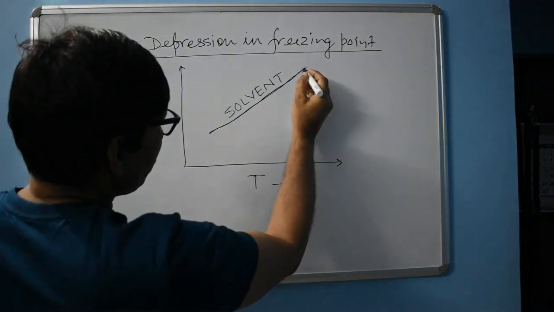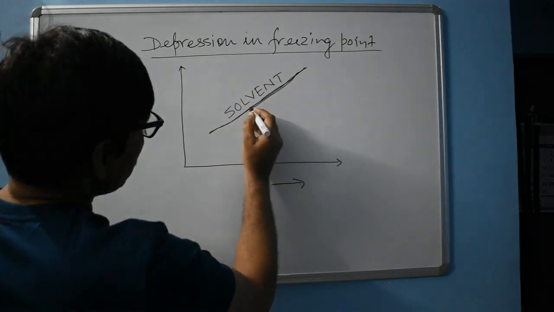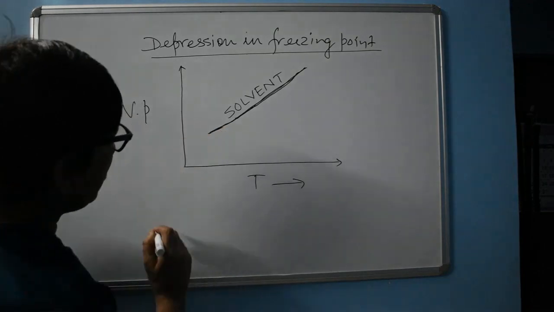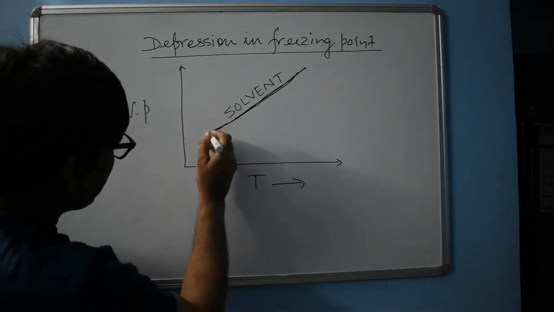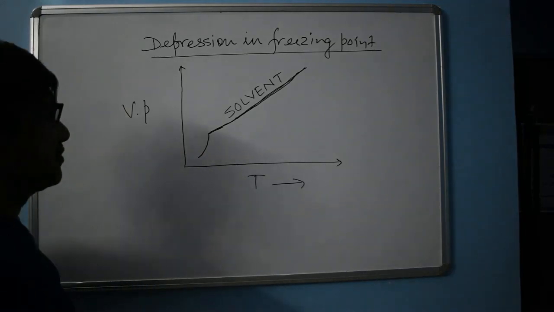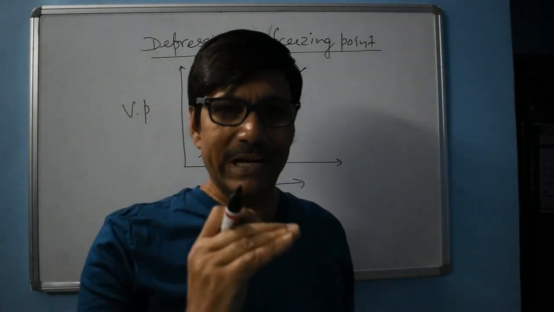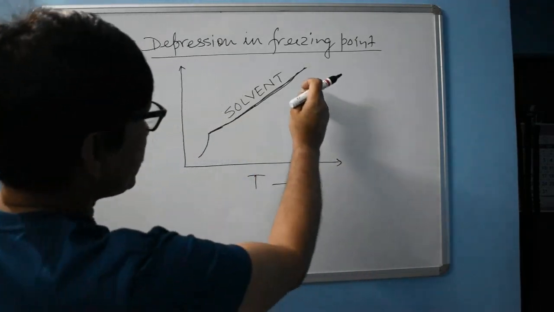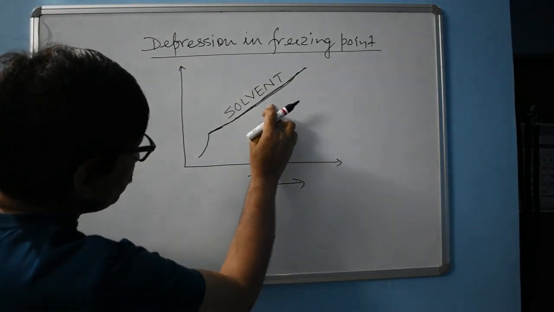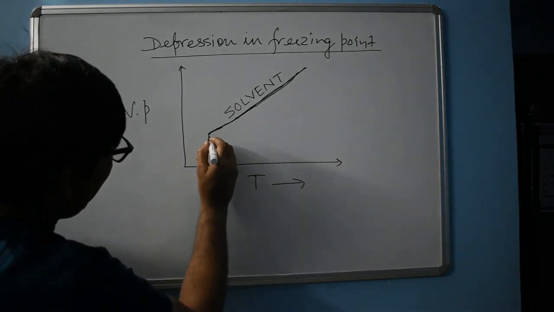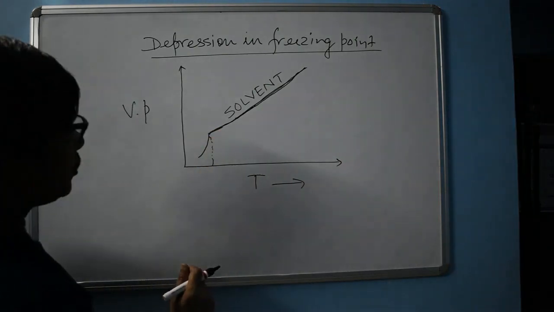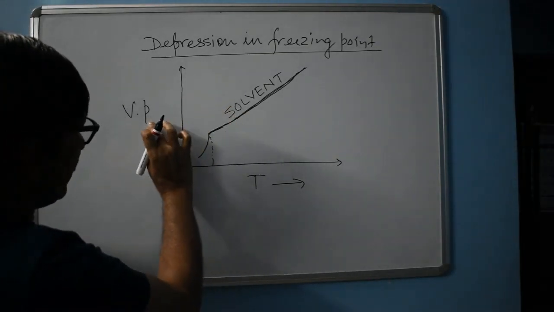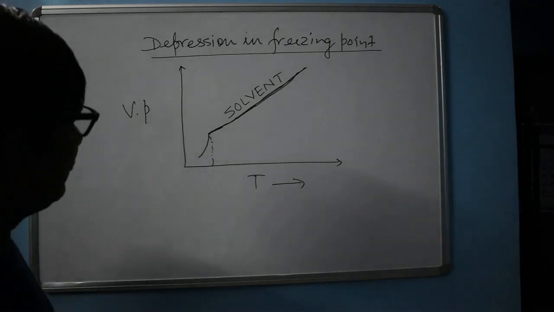And you can see here very smoothly the vapor pressure is decreasing, and you will see suddenly at a particular temperature there is a sharp, steep decrease in the vapor pressure. The vapor pressure is decreasing all along this line very smoothly, but at this temperature, suddenly you will find that there is a large decrease in the vapor pressure. Now why does it happen?